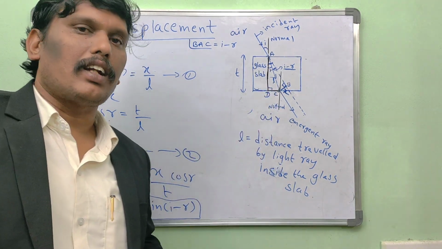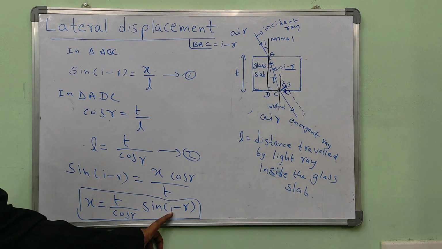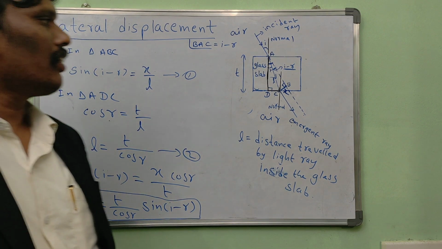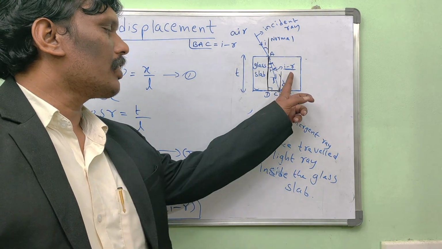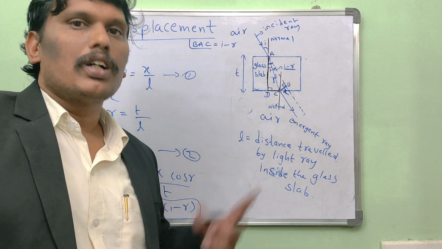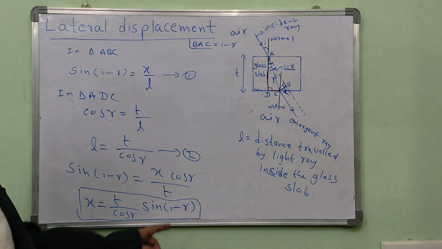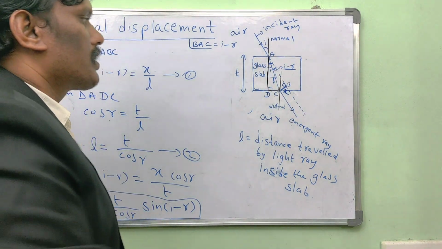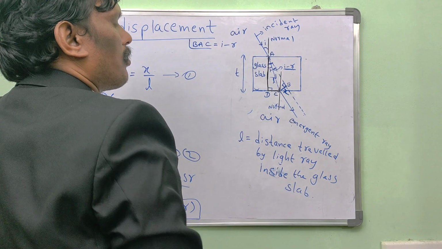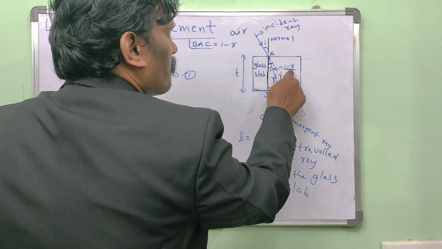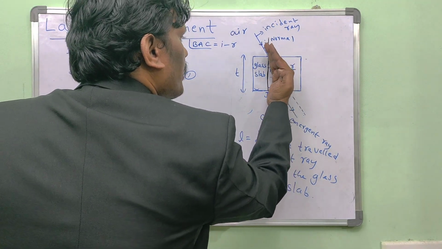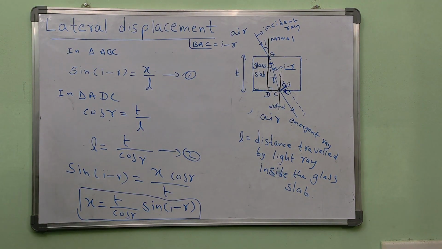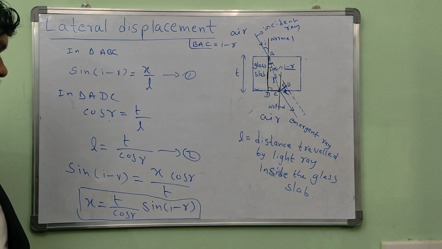I minus R is the deviation from the original path, where I is the incident angle and R is the refracted angle. I minus R is how much the ray is deviated from the original path towards the normal. That is the angle of deviation we call it.